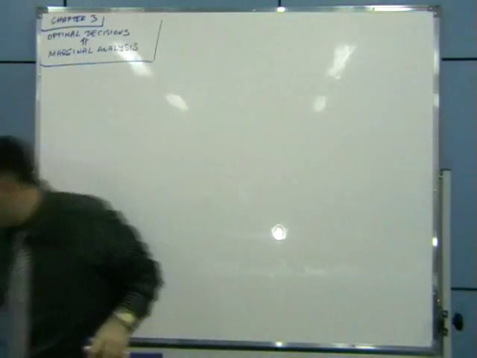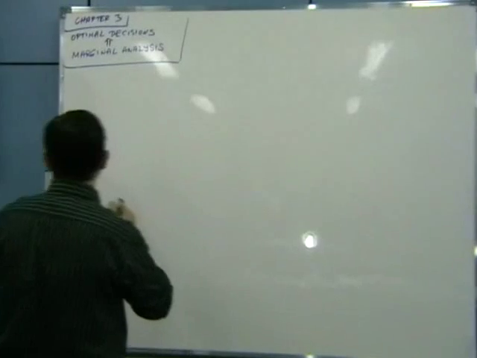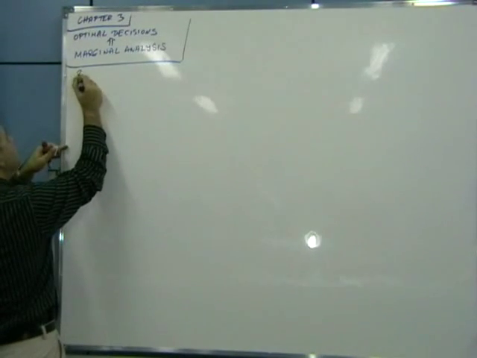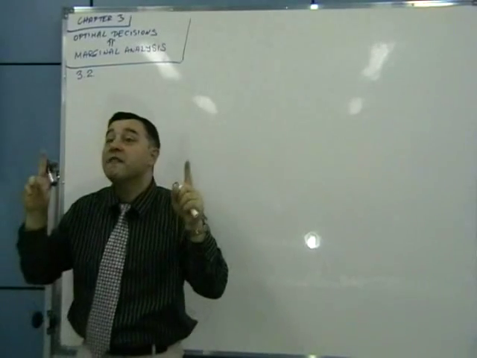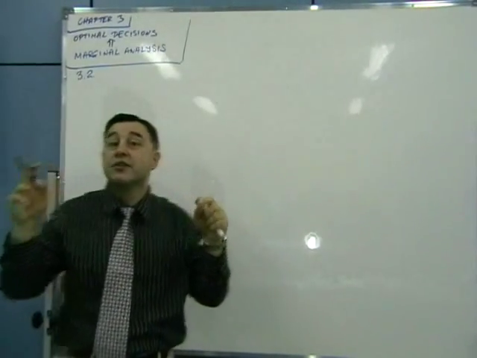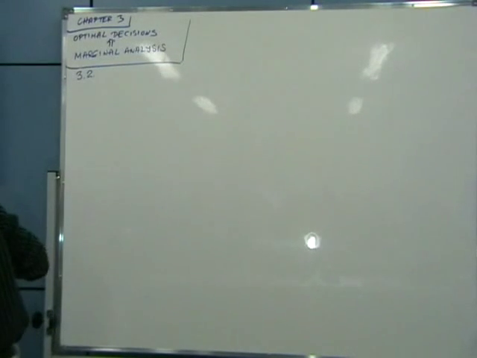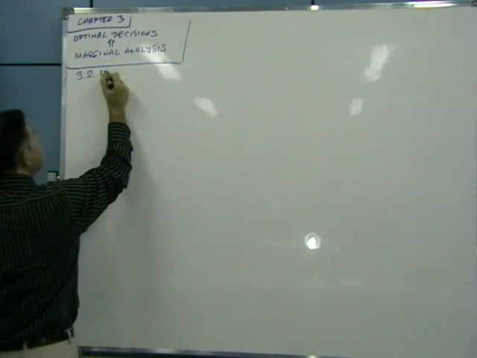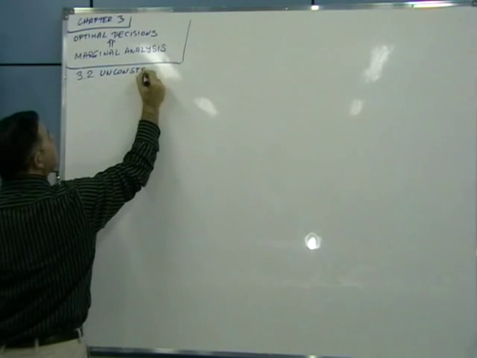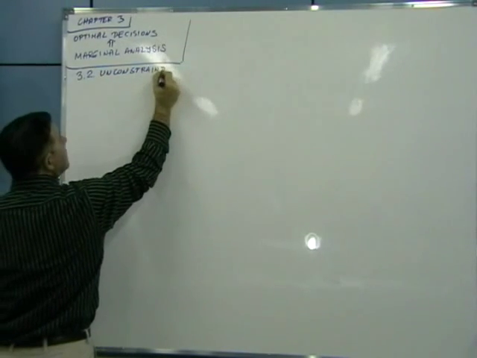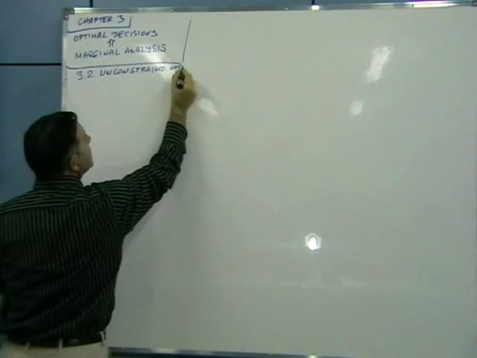Alright, so we are at 3.2. This is chapter 3, section 2. This is Managerial Economics 14, correct? 14, yes. So 3.2 is unconstrained optimization.